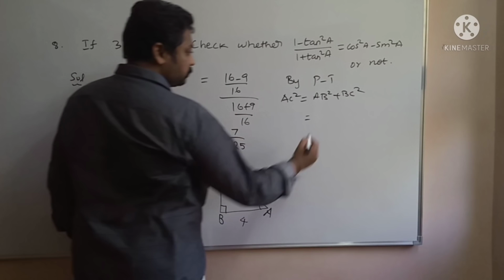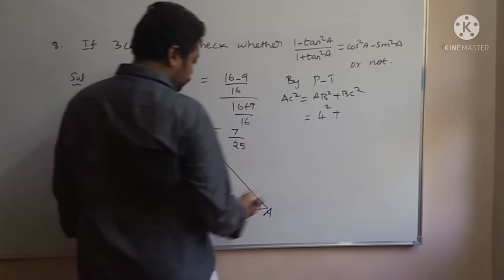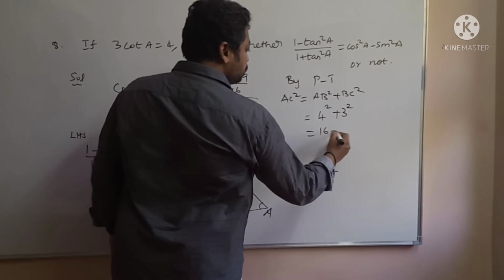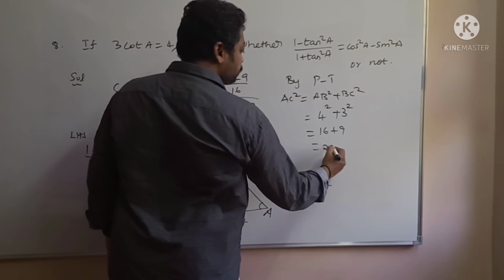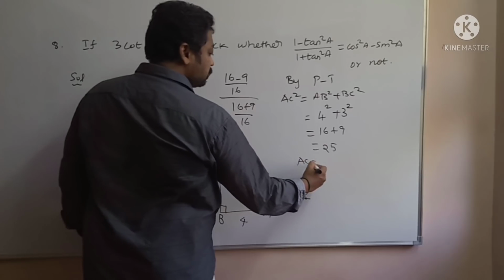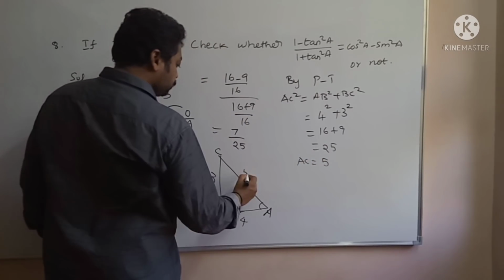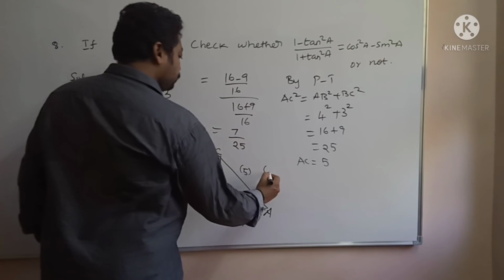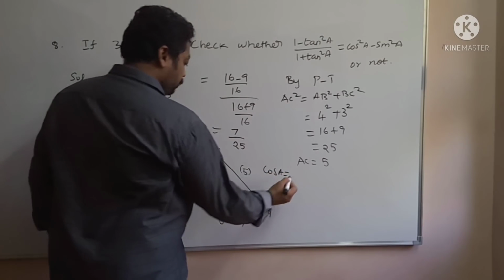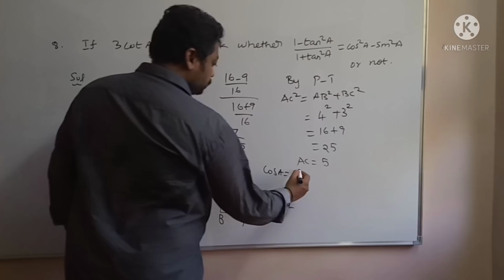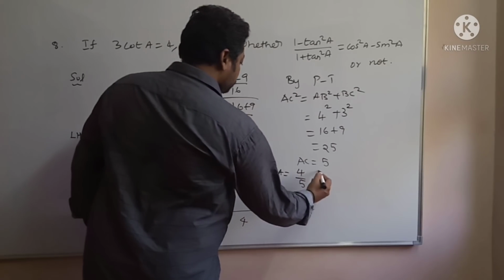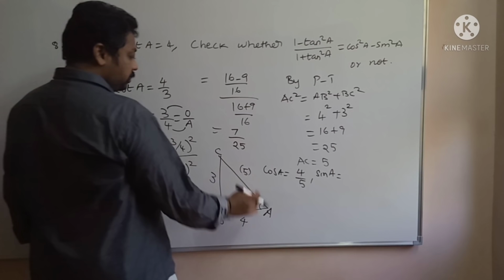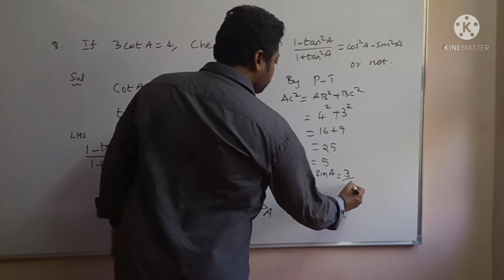So AB is 4, so 4 square plus BC is 3, so 3 square. So 16 plus 9 is equal to 25, so AC is 5. So from this, what is cos A? Cos A is adjacent side by hypotenuse, so 4 by 5. What is sin A? Sin A is opposite side by hypotenuse, that is 3 by 5.